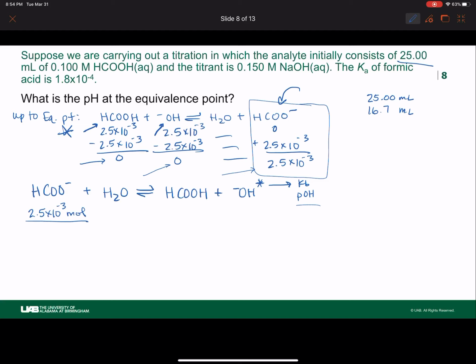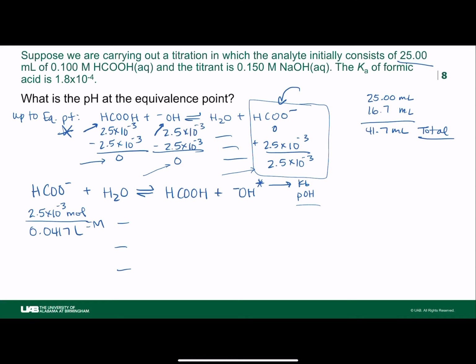And so you're going to end up with 41.7 milliliters total, everything that's in the flask. Now, we can't have that as milliliters. We have to have it as liters, but it's a quick conversion. Okay, so I'm going to do that math.